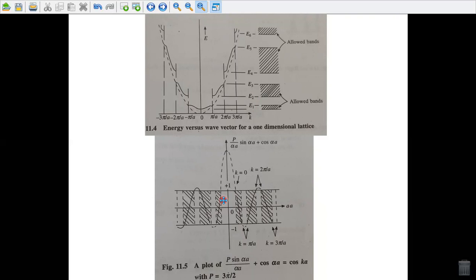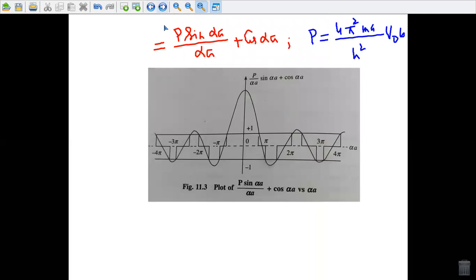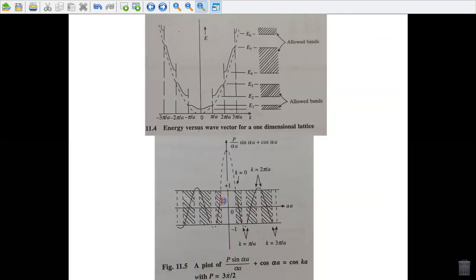As the value of alpha a increases, the width of the allowed band also increases while the width of the forbidden band decreases. This is because the first term on the right side, that is P sin alpha a by alpha a, on average decreases with increasing alpha a.